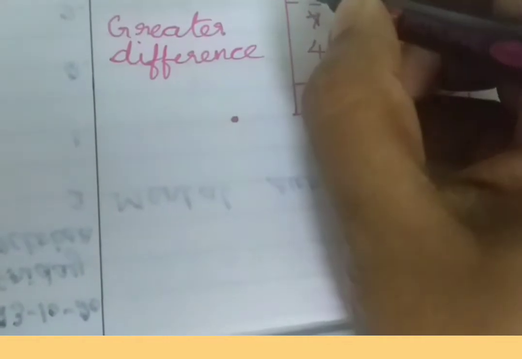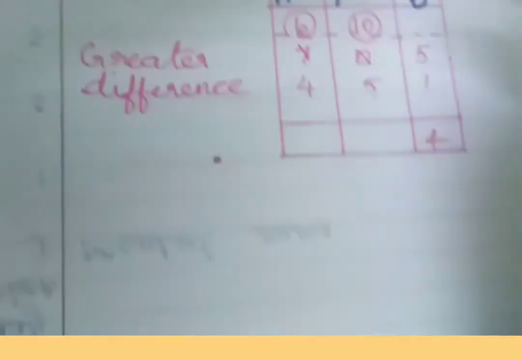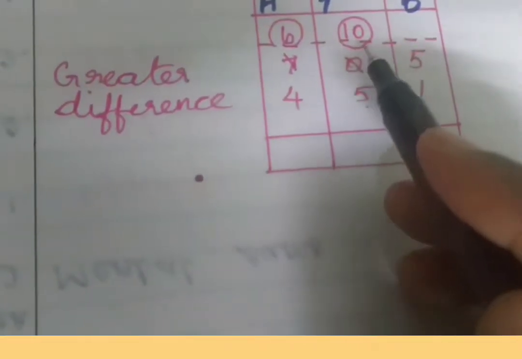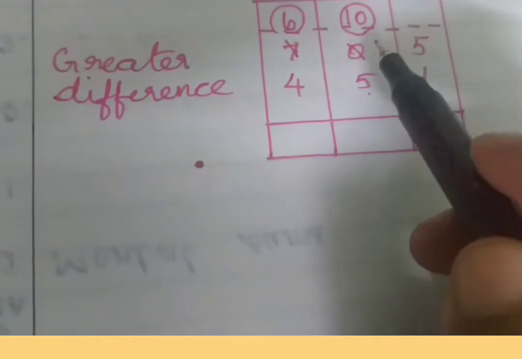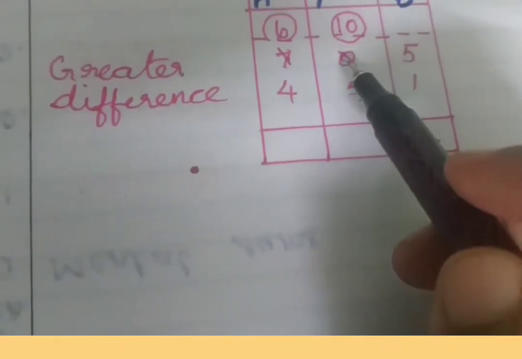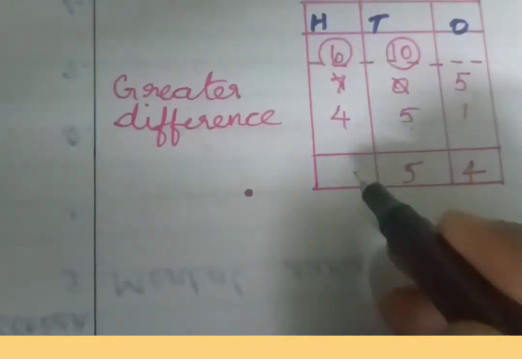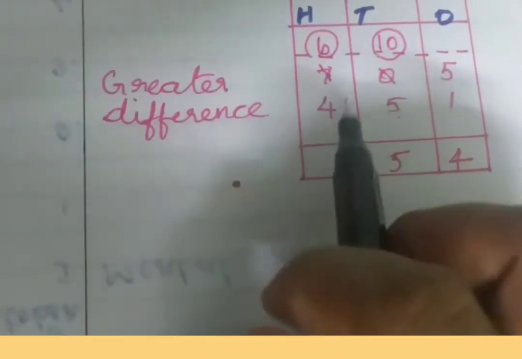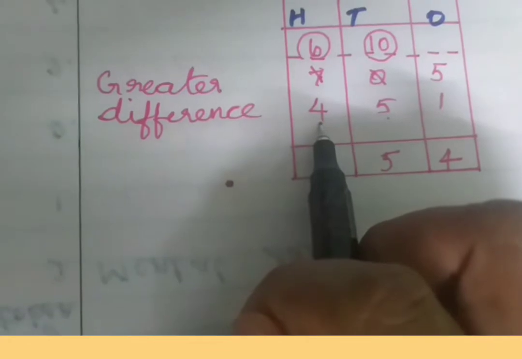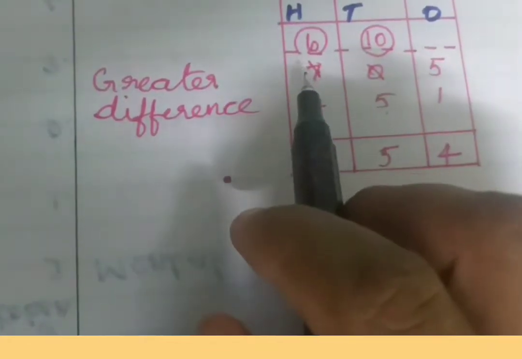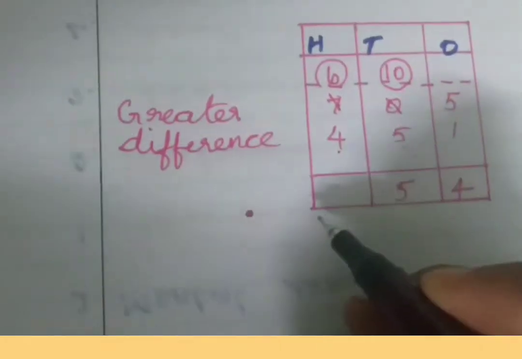Write the before number, and here you cut and write 1 before the given number. So now you got the number 10. 10 in the mind, 5 in the finger, 10 before, 9, 8, 7, 6, 5. So the answer is 5. And here 6 in the mind, 4 in the finger, 6 before, 5, 4, 3, 2.